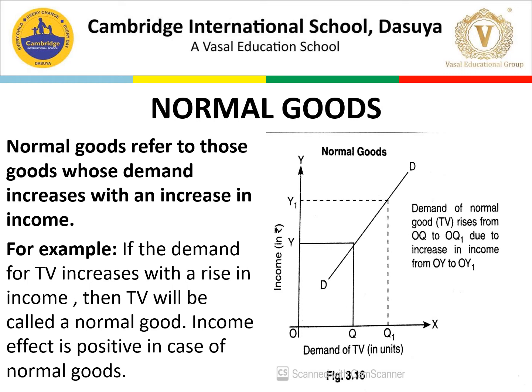When we are not having much income, people will not demand even normal goods because they have to think of fulfilling the basic necessities of life. When you have more income, obviously you will be thinking of your entertainment.